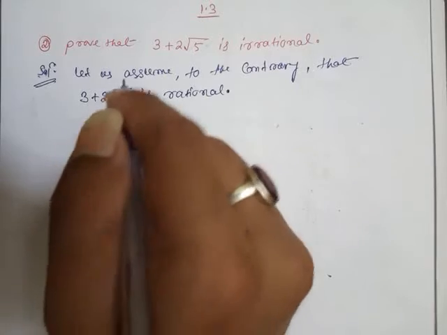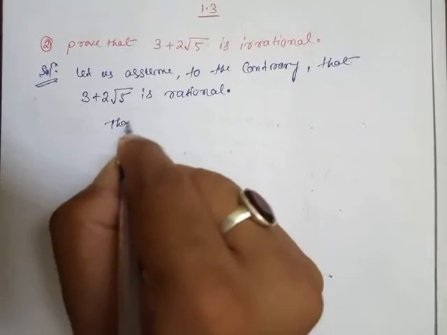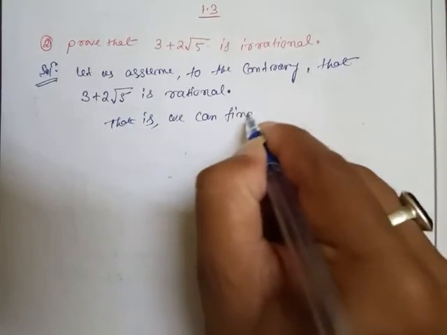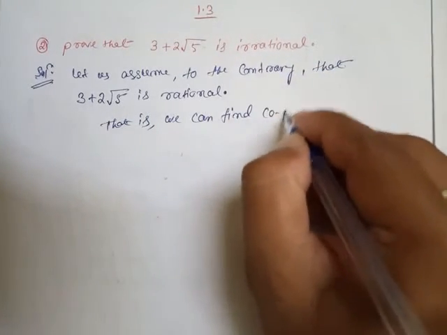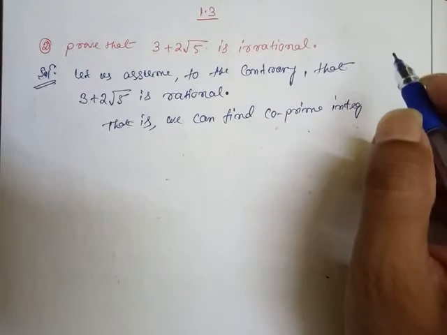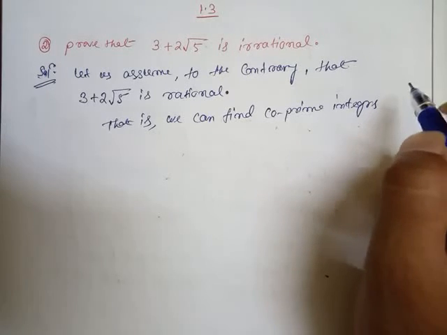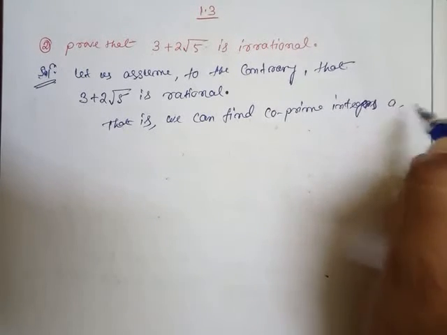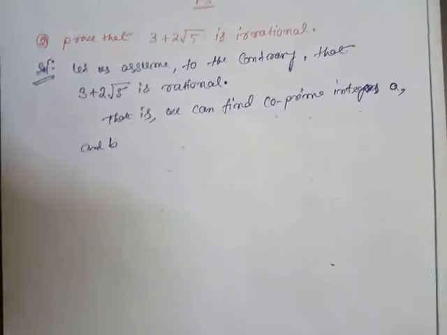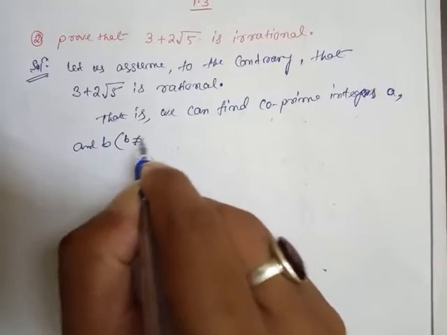So the next step would be that we can find co-prime integers A and B. Student, in the bracket I am writing here B is not equal to 0.